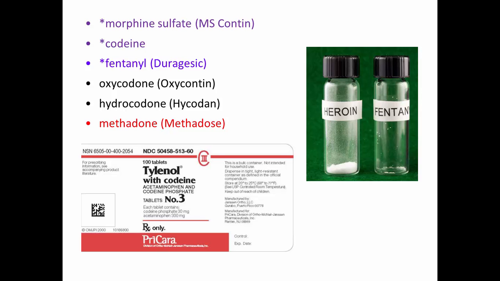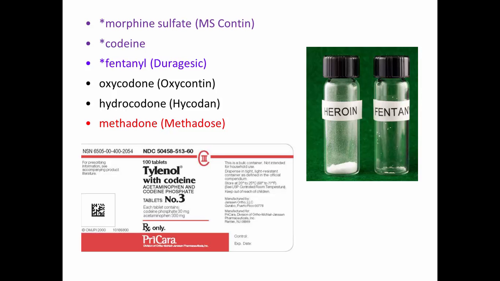Morphine was isolated from opium, which is found in dried poppy seeds, and it was first isolated from opium in 1815. Just a little fun fact, the name morphine comes from Morpheus, the Greek god of dreams, and just by the way, he was the son of Hypnos, the Greek god of sleep.